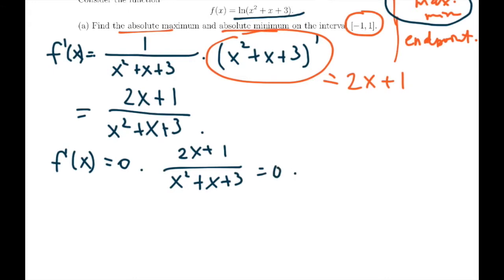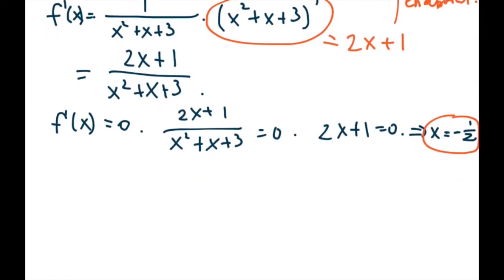The only possibility will be the numerator 2x plus 1 equal to 0, because the denominator can never be 0. So here we know x is equal to -1/2. But we have no idea whether this x equal to -1/2 is the local maximum or the local minimum.